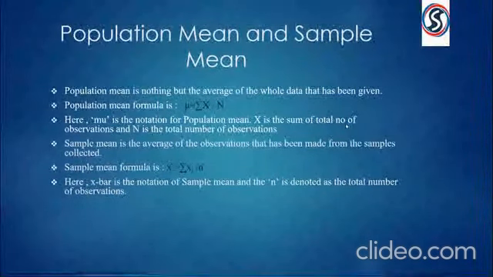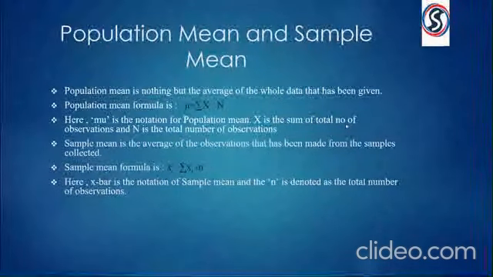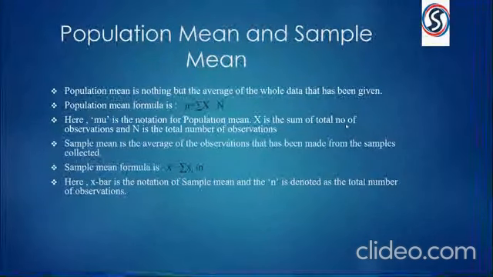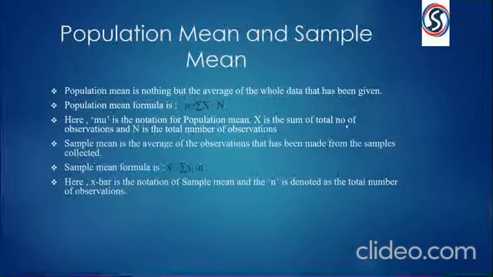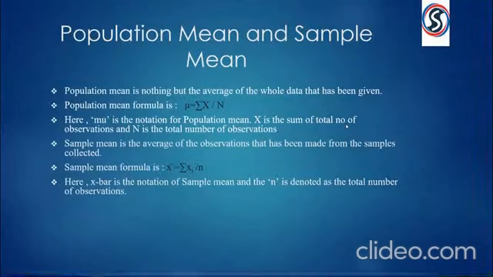Always remember that the notation you use for any function should be understood by you, and also by the people who are going to evaluate you or read your paper. So you must make sure the notation you have given is understood. Here, mu denotes the population mean.